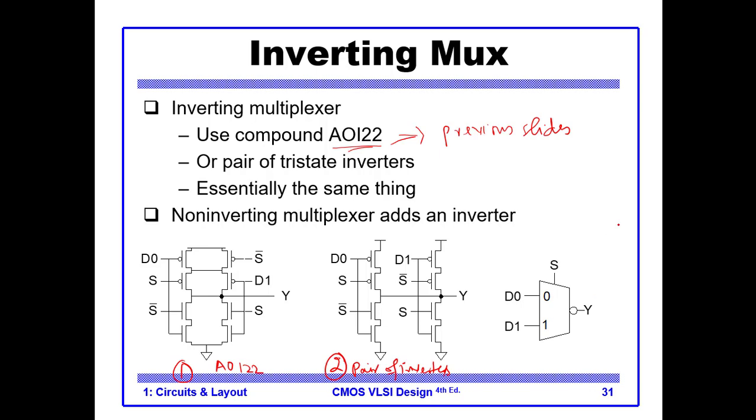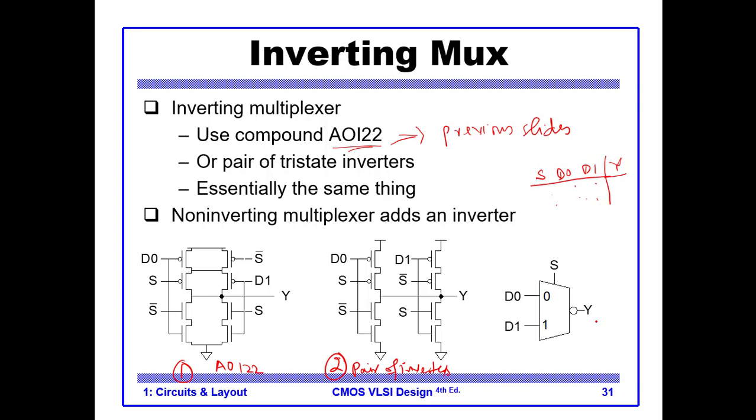Okay, so you can develop this kind of truth table: S, D0, D1 and Y. You can develop this truth table for both these circuits, and you will come to know that the truth table is for a 2x1 mux.